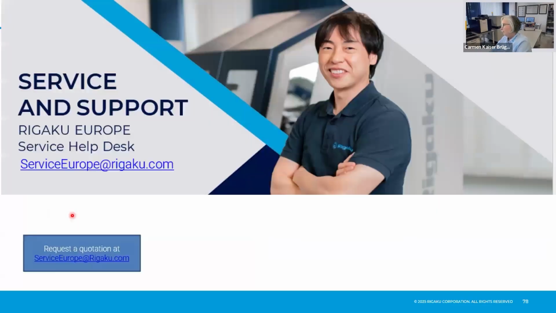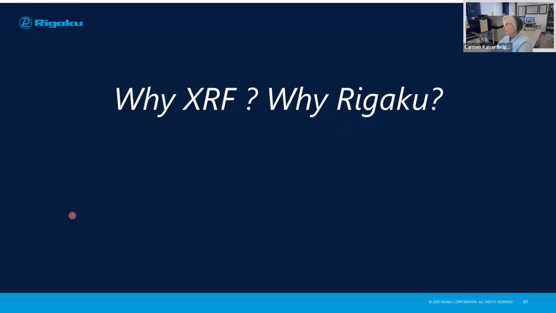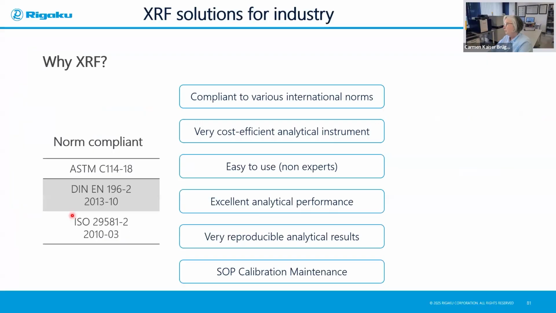Not only is the application side important, but also our strong service support center, ensuring that you have a well-maintained spectrometer, with extensive service contracts available to ensure that your instrument has no downtime. So why should you choose Rigaku?